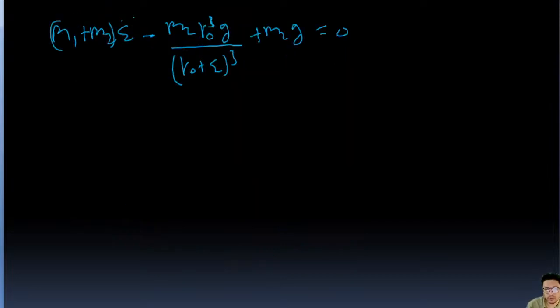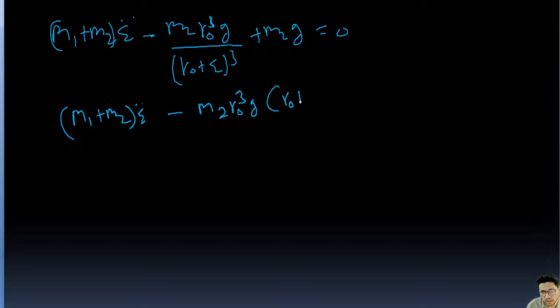So this is m1 plus m2 epsilon double dot minus, in the numerator, m2 r naught cube g into r naught plus epsilon to the power minus 3, plus m2g equal to 0.